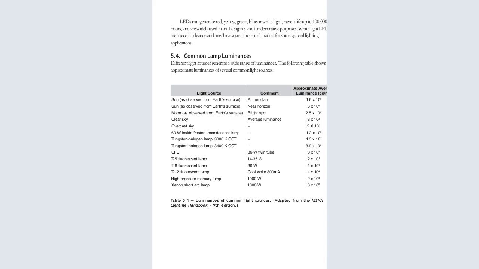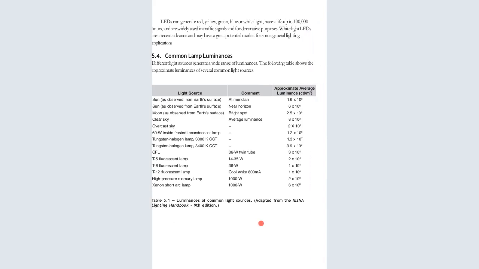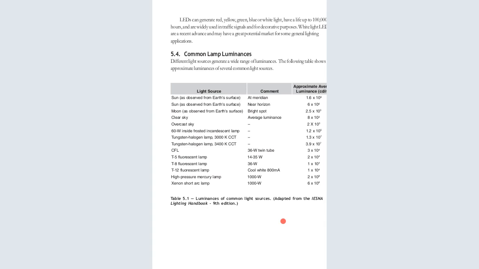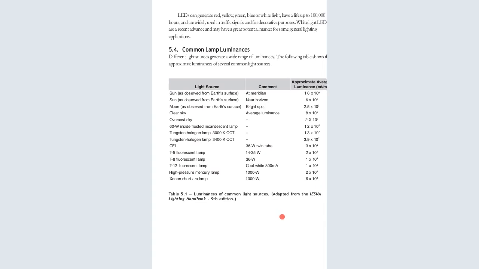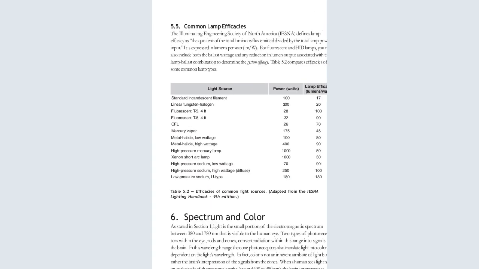So the common luminaires are here, with the contact and then the approximate luminance, you can see them. The common lamps and luminaires, the different sources generate a wide range of luminance. You can see them, and that is a table. Common lamp efficacies are there.